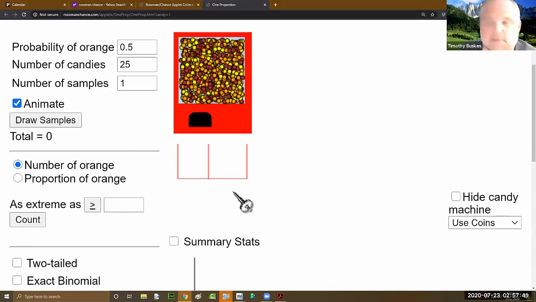Okay, so I'm going to give you an example of a sampling distribution, and we're going to take a look at the graph. And then I'm going to ask you if you notice anything from that graph that's somewhat striking. Okay, so right here is a picture of a candy, what is it called? Candy dispenser.